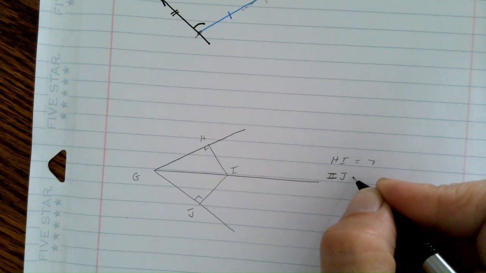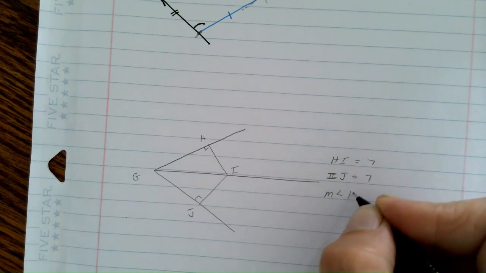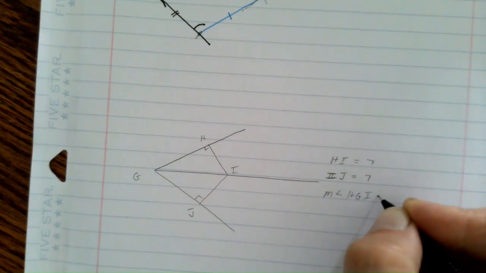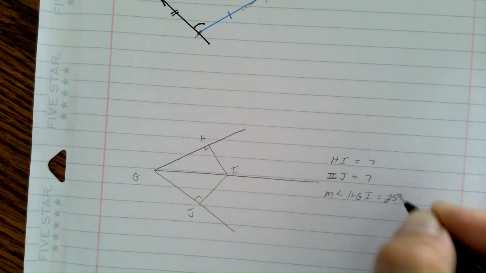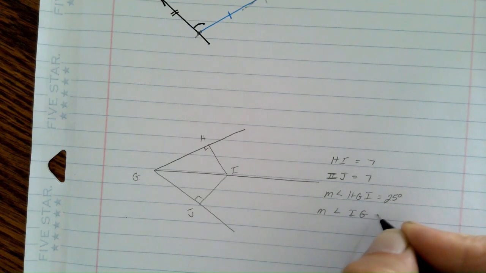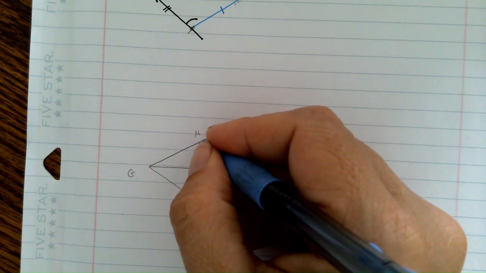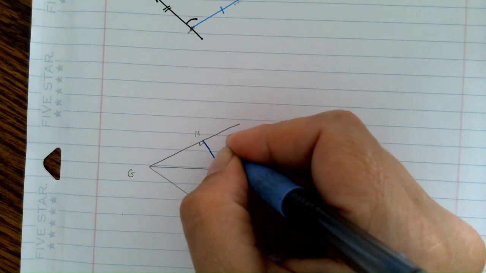IJ is going to equal 7. The measure of angle HGI is going to equal 25 degrees. Find the measure of angle IGJ. So HI is 7.